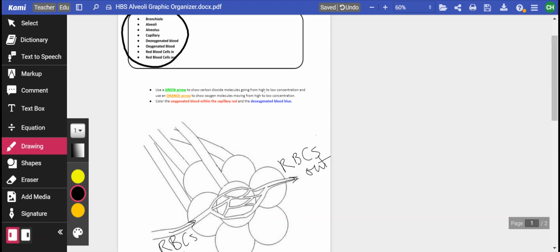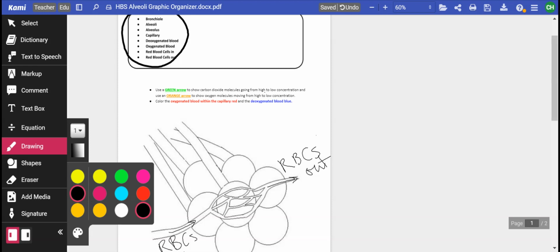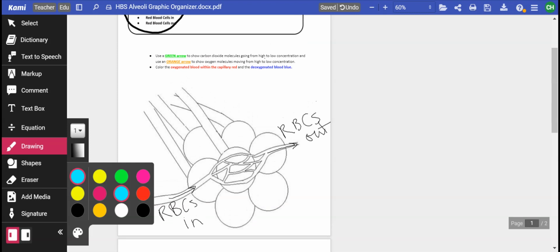Okay, so when blood gets to the lungs, normally if it's just coming from the body, it's going to be deoxygenated, right? It hasn't received oxygen yet. That's why it's going to the lungs. So all of this part of the capillary bed over here is going to be full of deoxygenated blood because it hasn't yet been oxygenated, which means that this side in the red is going to be oxygenated blood.